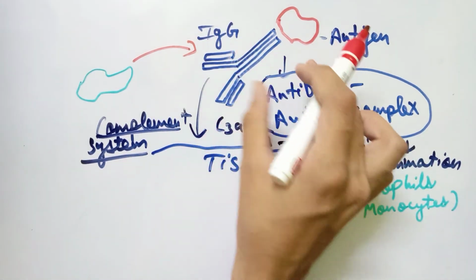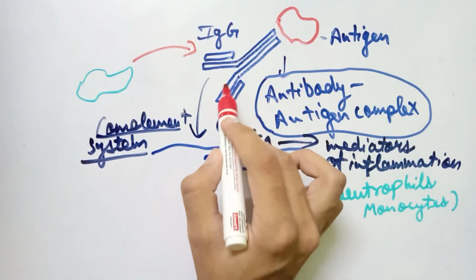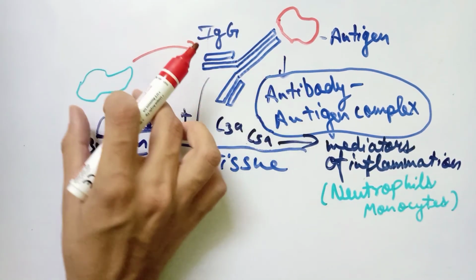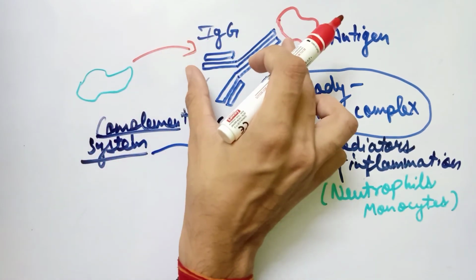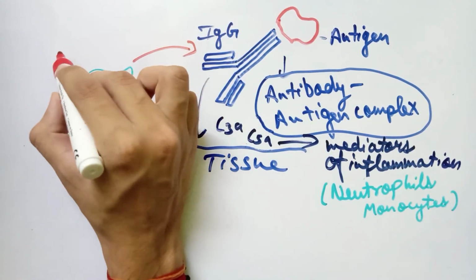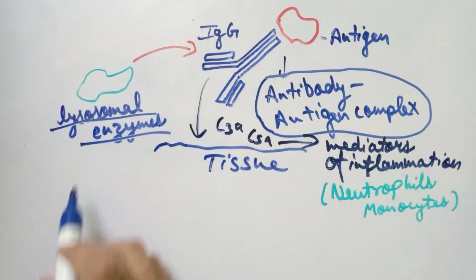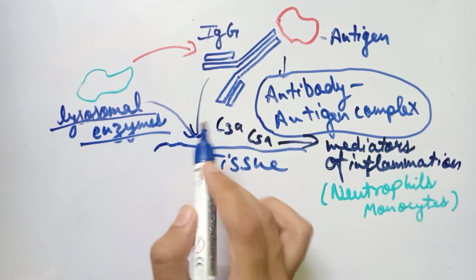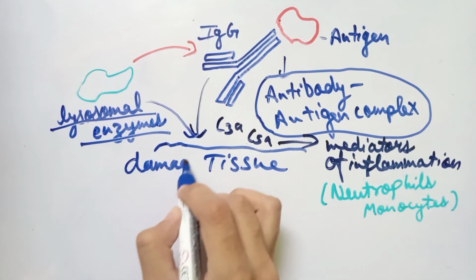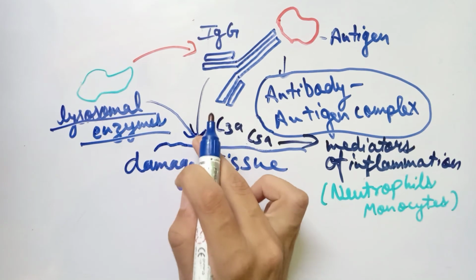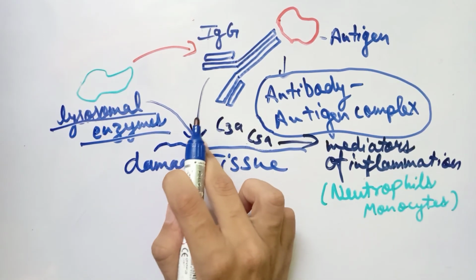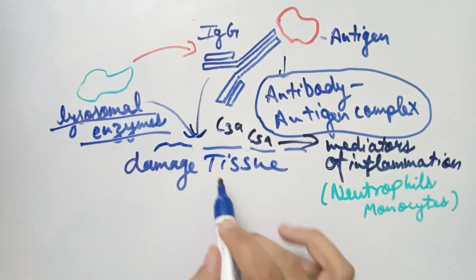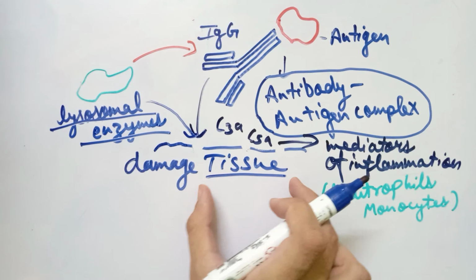But this antibody and antigen complex is present between the tissues, and when the neutrophil tries to engulf or destroy this complex, they release a lot of substances like prostaglandins and lysosomal enzymes, and these lysosomal enzymes cause damage at the site of immune complex deposition. So wherever the immune complex is deposited, that site will be damaged by these lysosomal enzymes. So this in turn causes damage to the tissues.